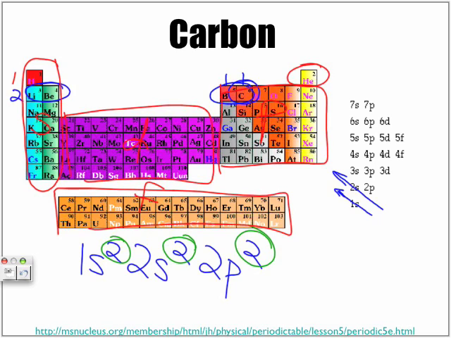We are occupying the 2s with 2 electrons. We are occupying the 2p, but in the 2p we're going 2 electrons over. So that is the electron configuration for carbon.